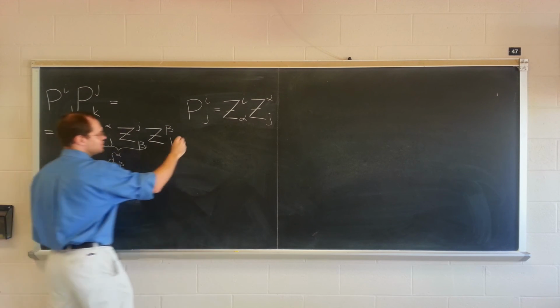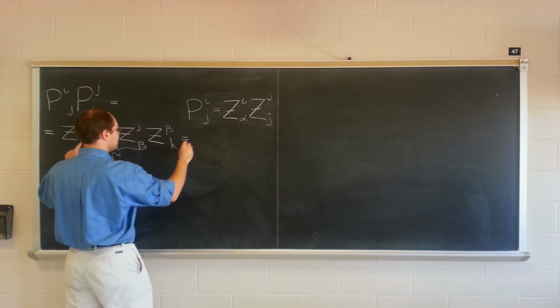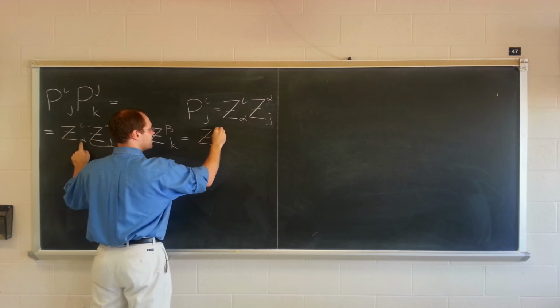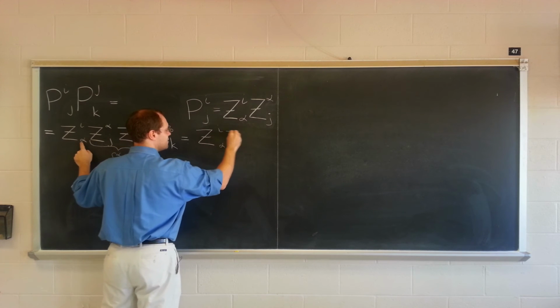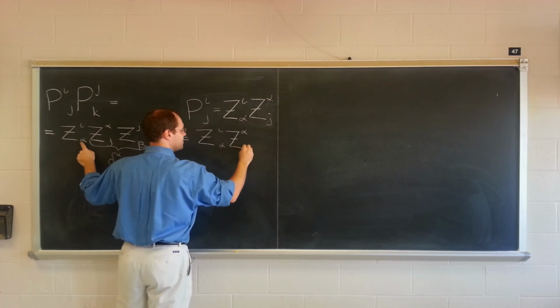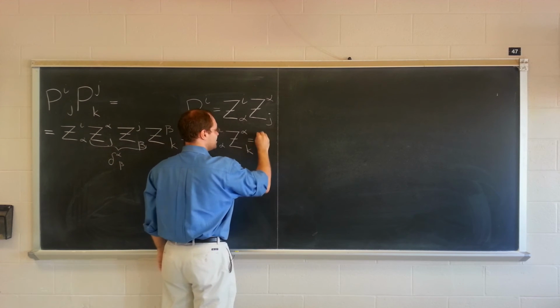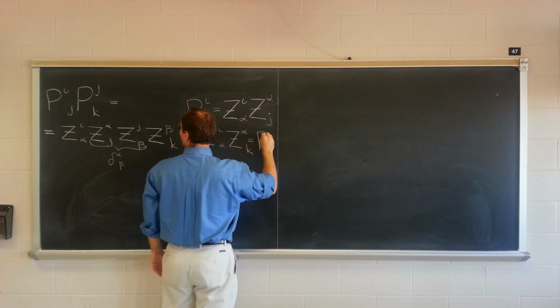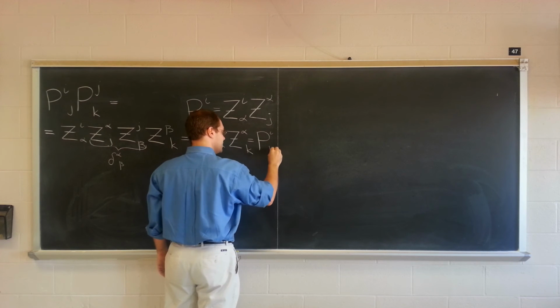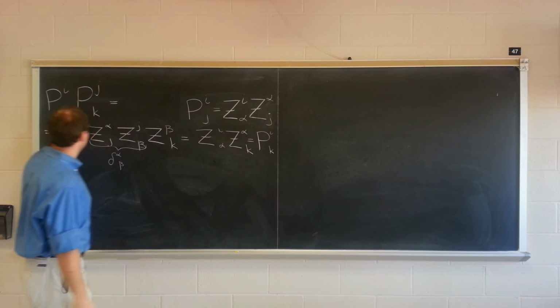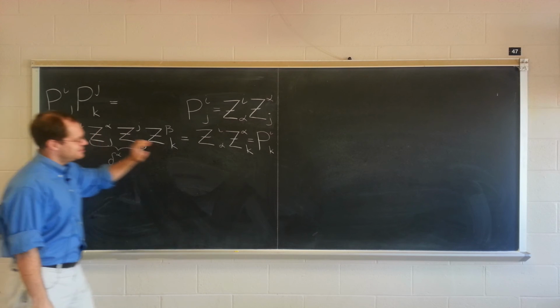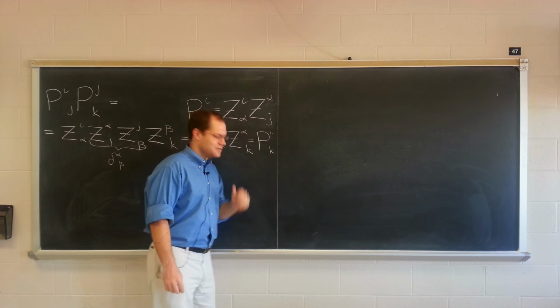Let's rename beta into alpha, and we'll end up with Z_i^alpha Z_alpha k, which by this definition right here is simply P_ik. So indeed, applying P twice is the same as applying P once.